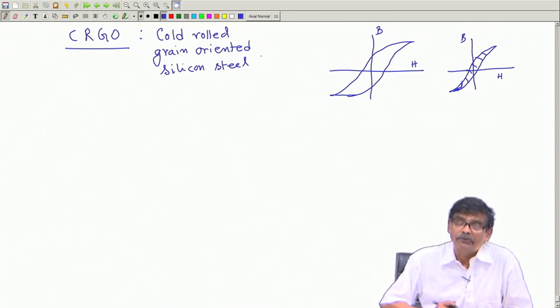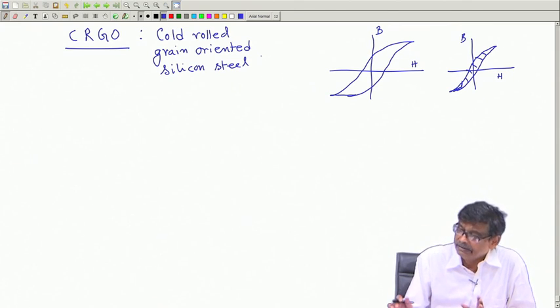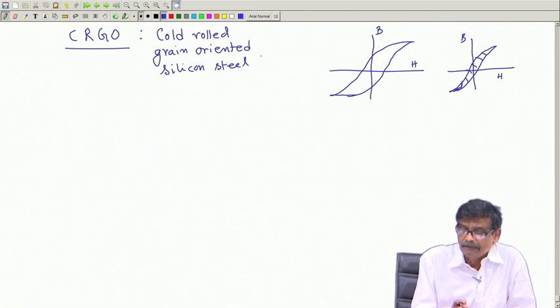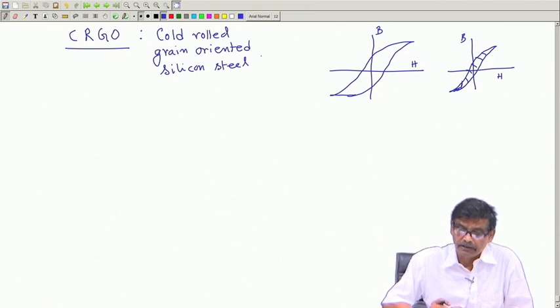Anyway, we will not go into that, but the idea is you try to see that the area enclosed by the BH curve will be small, and silicon, if you add to this material, it will increase its resistivity, thereby eddy current loss will be reduced.